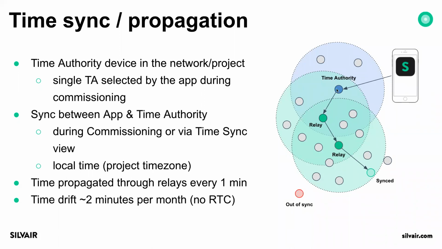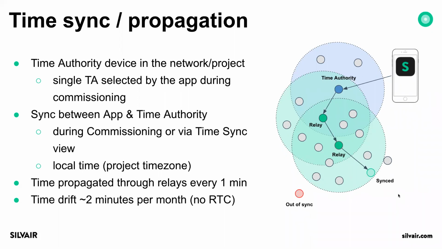When the time authority is added, it propagates the time through relays to all nodes in the network. This is why I'm coming back to what I said at the beginning, that we need proper connectivity in the network in order to have the time synchronized in the whole project.